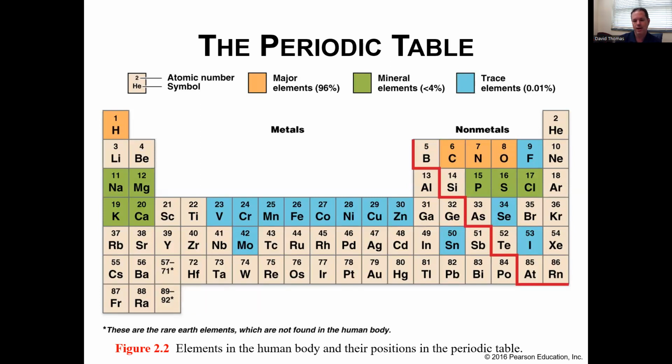So if we look at this element, it's got 2 protons. This is no longer hydrogen, this is helium. I've changed the number of protons, I've got a new atomic number of 2, and so I have a different element altogether. Right? You add another proton, you have lithium. You add another proton, you have beryllium. So that's why it says that the atomic number, the number of protons, literally is defining that particular element.